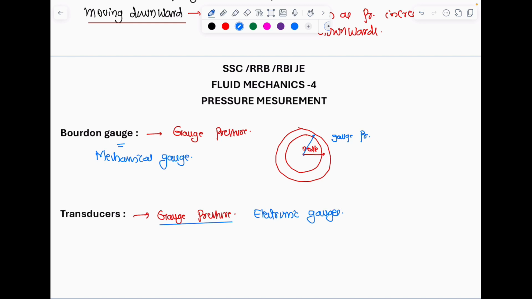Transducers measure the pressure on the basis of the signals they get from the instrumentation equipment, electrical signals, let us say, by using the electrical signals.